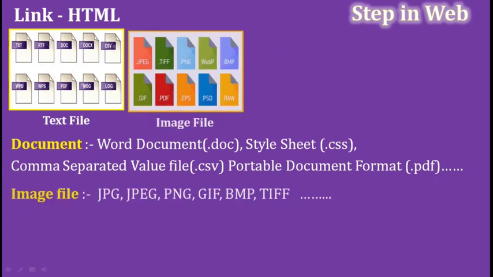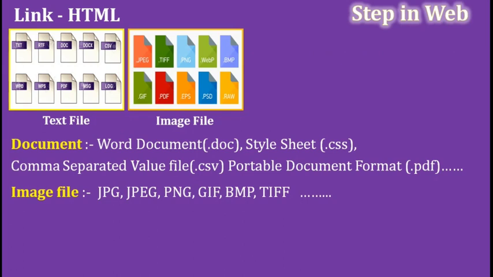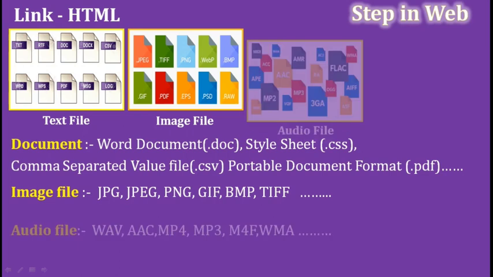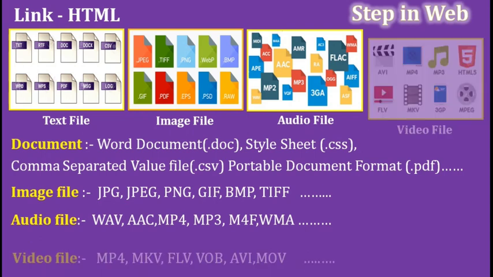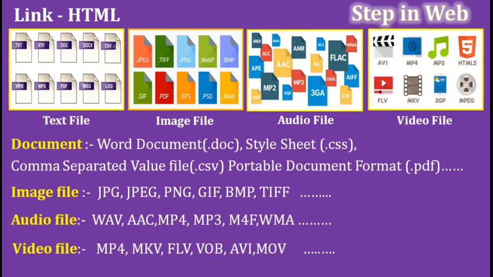In the same way, images have different formats, such as JPG, PNG, GIF, BMP, TIFF, like that. A lot of file formats are available for image files. In audio files also we have different formats, MP3, M4A, WMA, like that. In video files also we have different formats, MP4, MKV, FLV, VOB, like that.